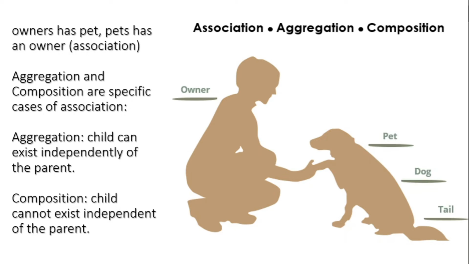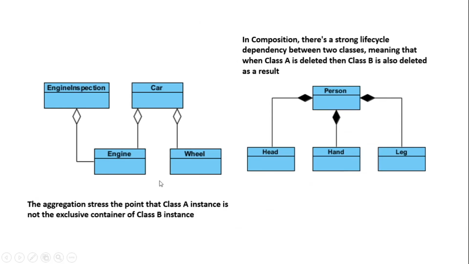That's what we mean by composition. But aggregation doesn't necessarily mean that destroying the parent will lead to destroying the child. I have an example here to show you. This is a person, who has a head, hand, and leg. Destroying this person leads to destroying all the other objects that belong to that class.